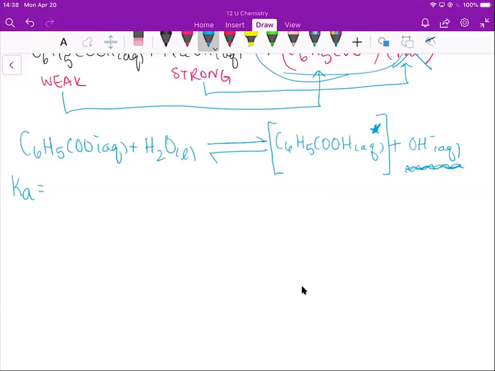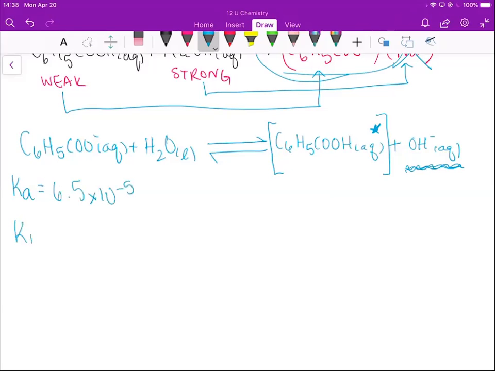I guess you have to look in the back of the book, or let's just look on here. So the Ka of benzoic acid. Okay, so the Ka, thank you Google, is 6.5 times 10 to the minus 5.